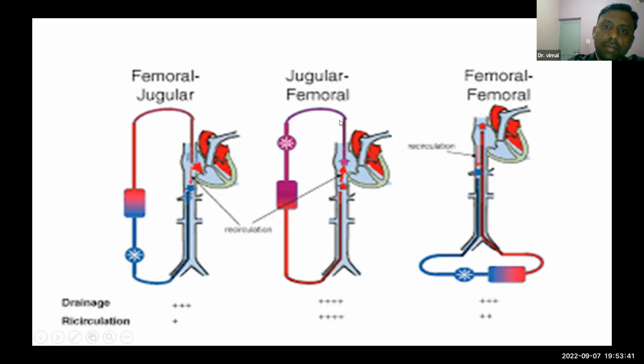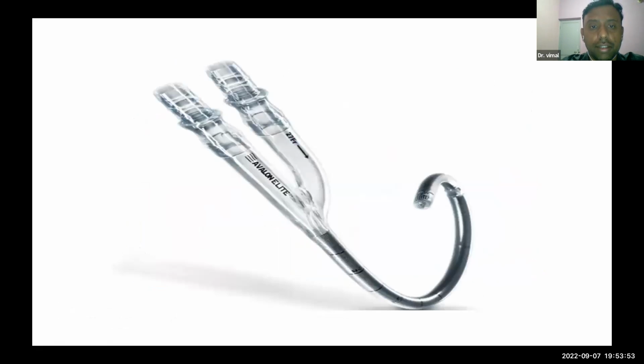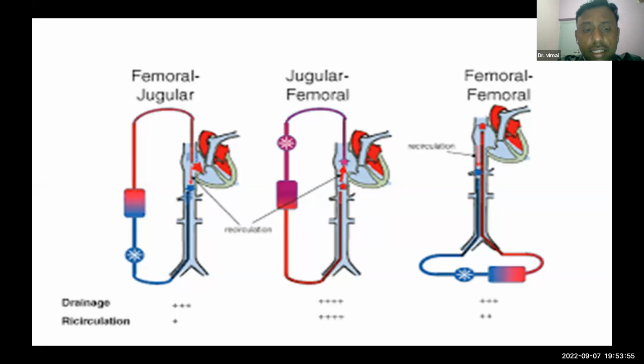There is another cannula placement, wherein the flow is reversed, that is, the jugular is acting as the drainage cannula and the femoral is acting as the return cannula. Here the recirculation is quite prominent, so it is not very favorable.